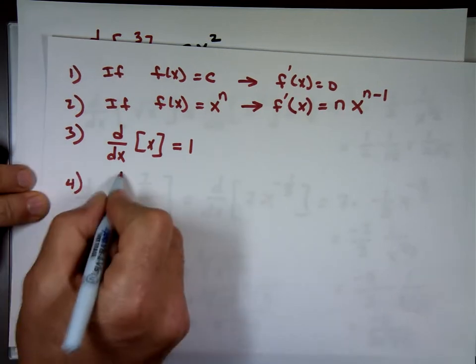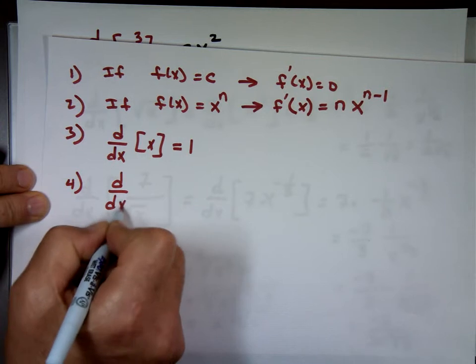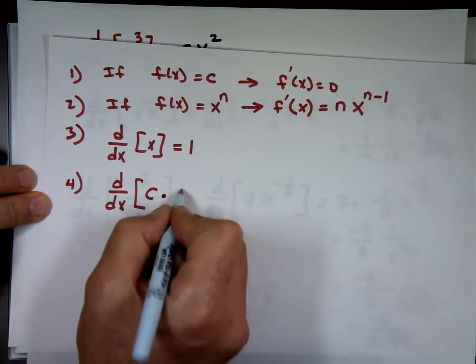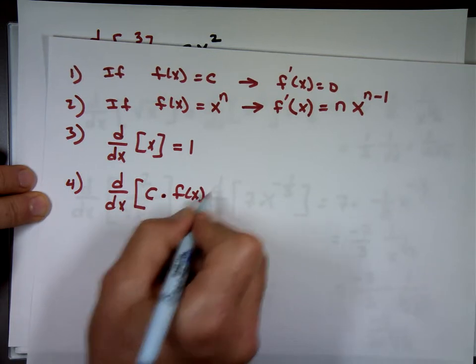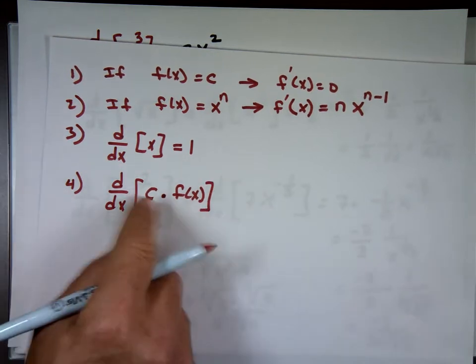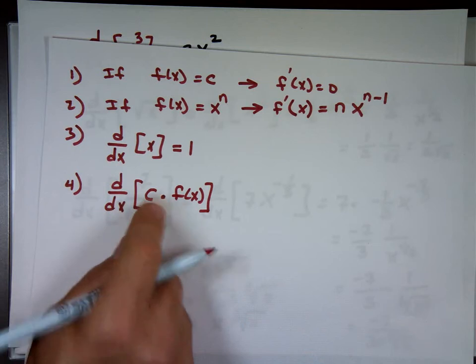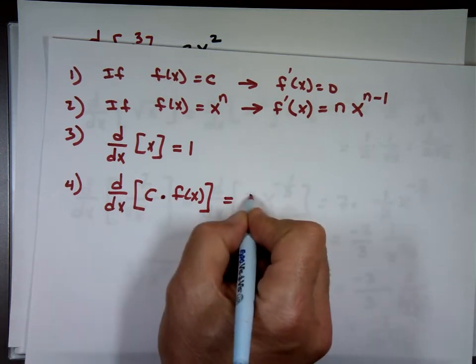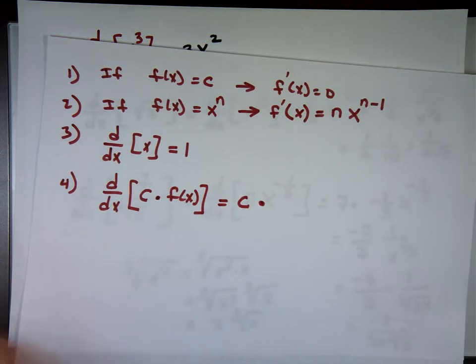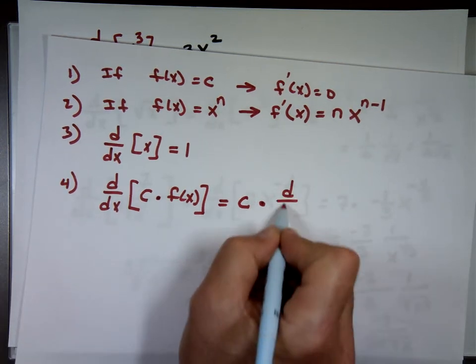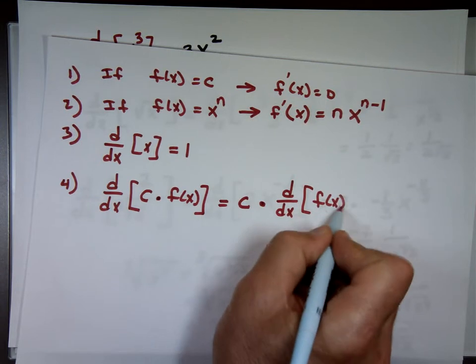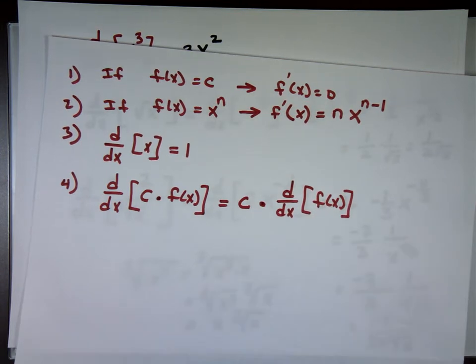If you want to find the derivative of some constant times a function, like 7 times x to the 4th, the rule says you can take that constant outside, multiply it by the derivative of that function. So that's the rule there.